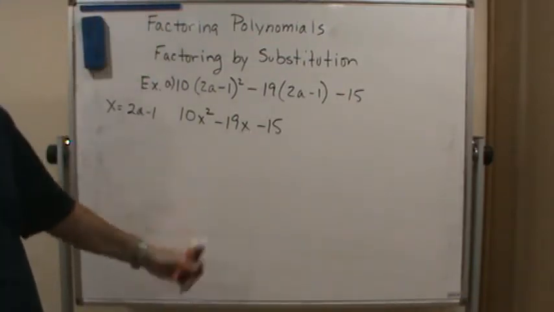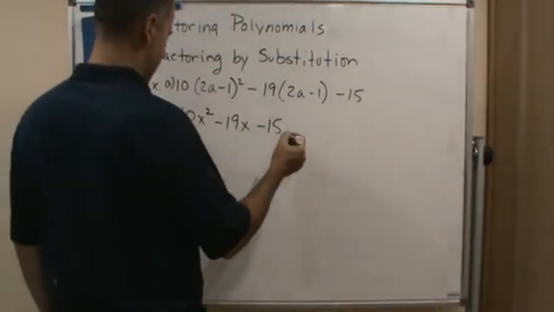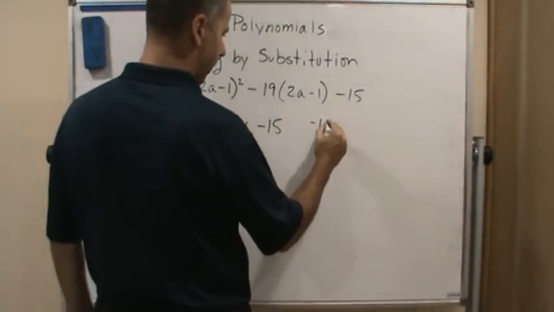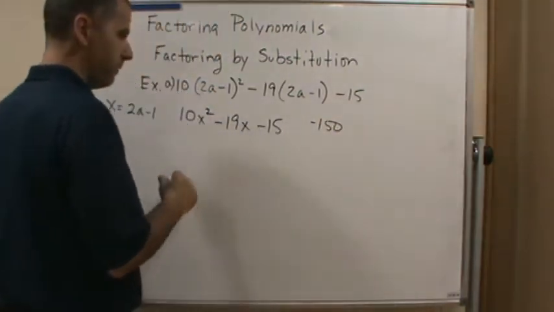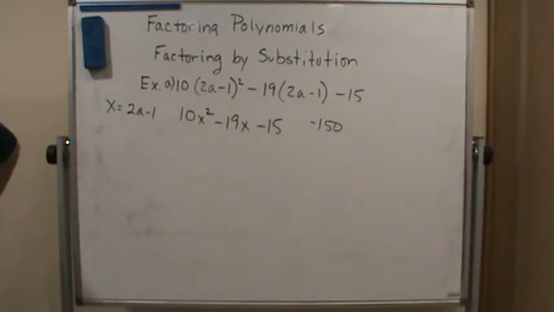Now I can use the AC method, right? See if it's factorable. So I get negative 150. So I want two factors of negative 150 that will give me negative 19, and the larger factor is negative. Okay? So what might work?